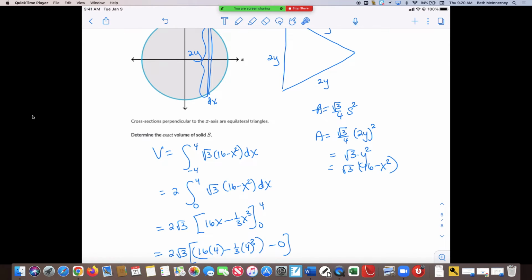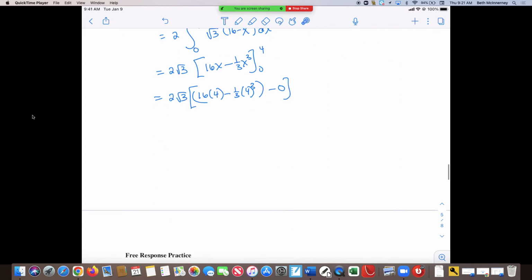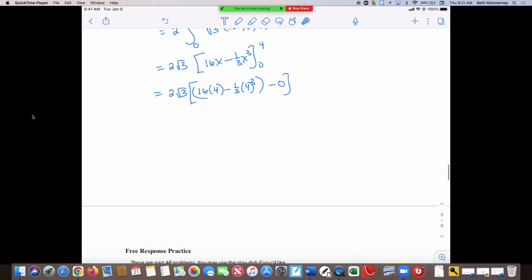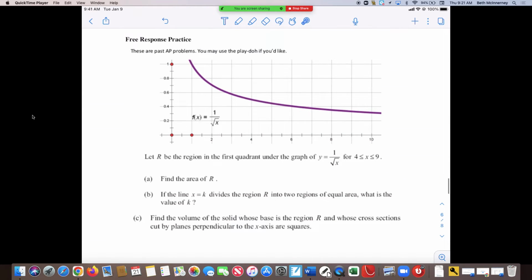The other thing they will accept is writing 0.199999, going a couple of digits beyond the 3. If you're nervous about how to round it, that's okay too. Leave it unrounded but go past it. All right, let's look at this one, and then we'll see about our time.